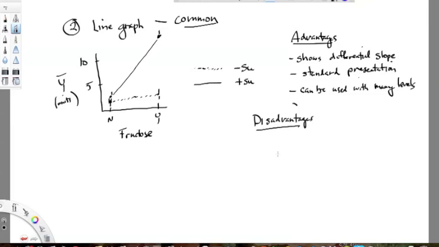Well, once again, the lines falsely imply that we know the effect of intermediate levels.